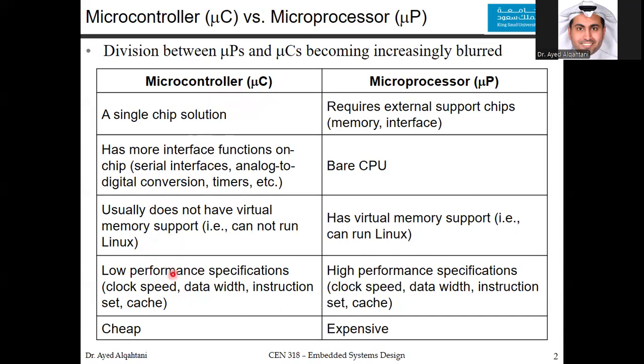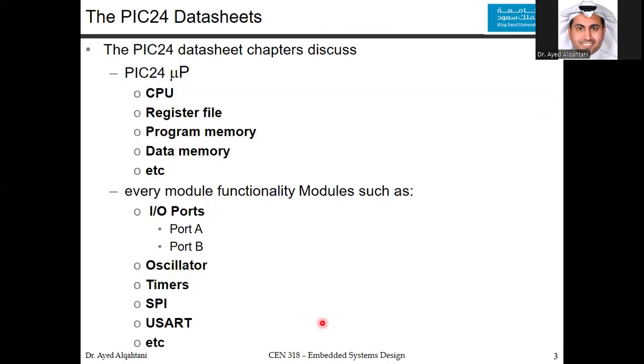So that's why we have low performance specifications. While the microprocessors have high performance specifications in all of them, and this is why they are expensive compared to the microcontroller. And that's actually what we mentioned in the last point.